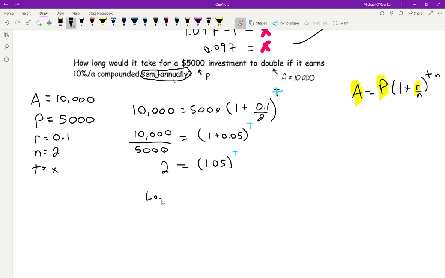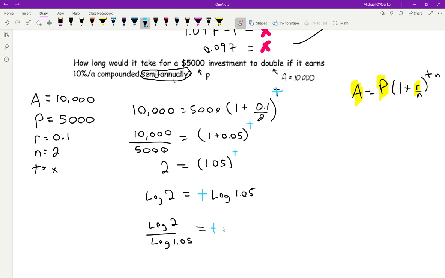So we take the log of 2 equals t log of 1.05. Now, to make it easier on your calculator, you can do this. Log 2 divided by log 1.05 equals t.